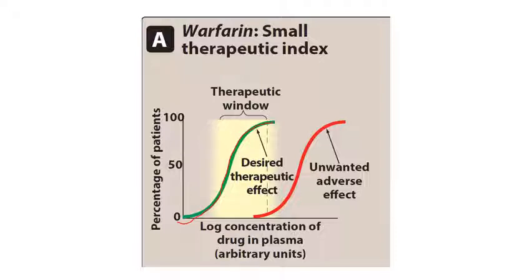But you can see here, if we wanted to achieve 100% response in the population, we have to increase the dose to a place where we can start to see an adverse or toxic effect, because the difference here between effective and toxic doses is very small.